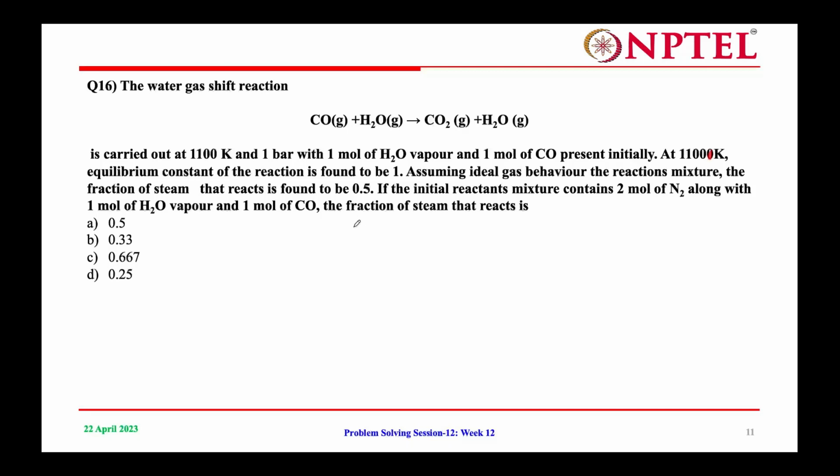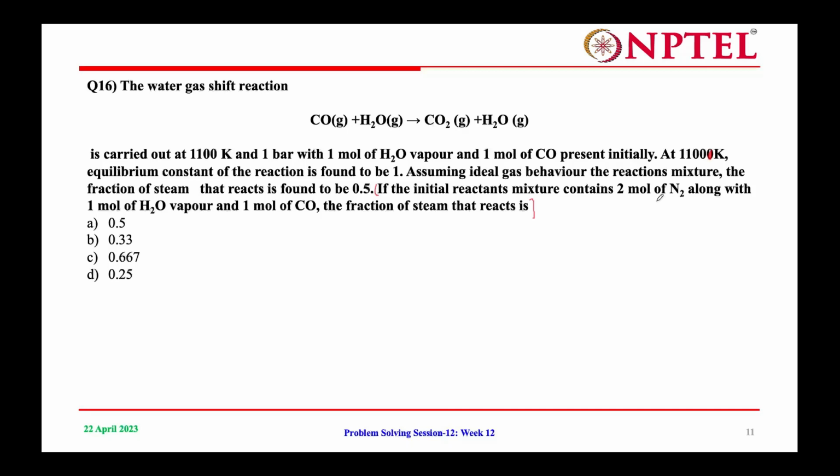So this statement is almost similar to question number 15, but here an extra part is added: 2 moles of N2 along with 1 mole of water vapor and 1 mole of CO. So here N2 does not take part in the reaction and it serves only as a diluent.